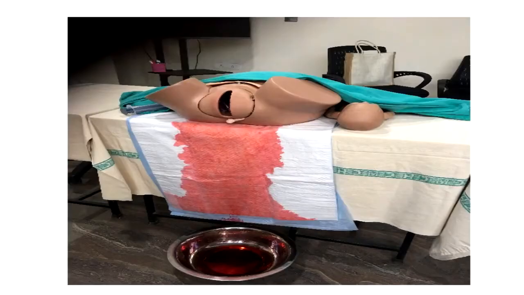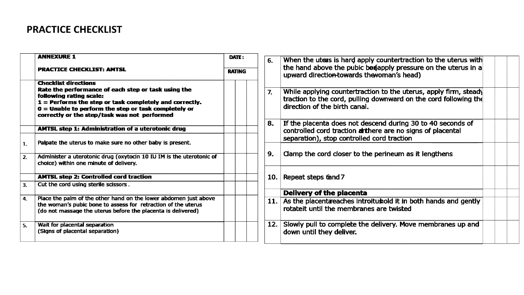So to run the clinical scenario, we have to set up the model on which the students can practice. There's a practice checklist which has the various steps according to the guidelines, and the steps can be checked and rated.